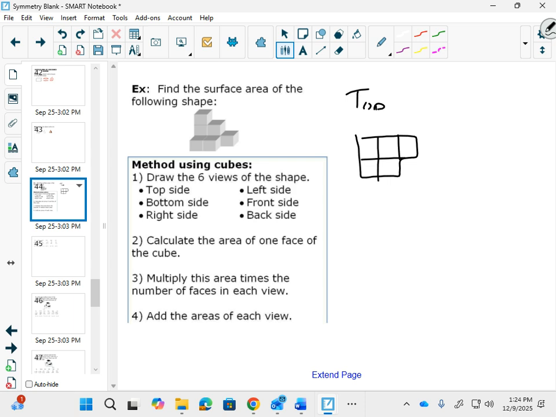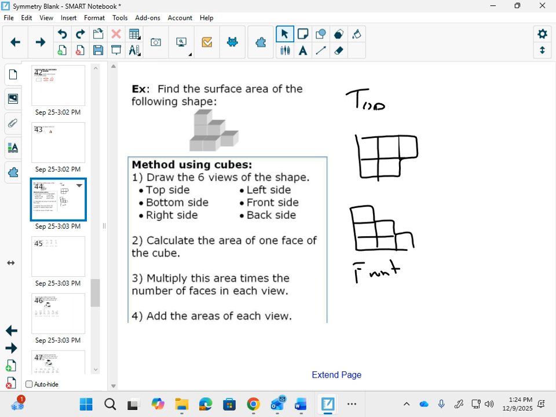If this is your front side, it looks like that. If you turned it and looked from the left side, here's the front, this would be my left side.